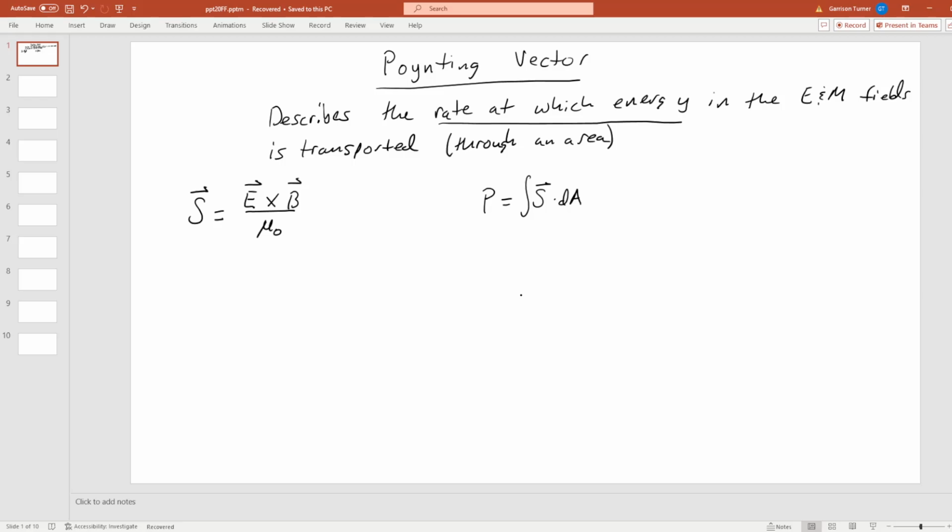And so there's another consequence from this, okay? E cross B is the direction of the wave that's propagating.